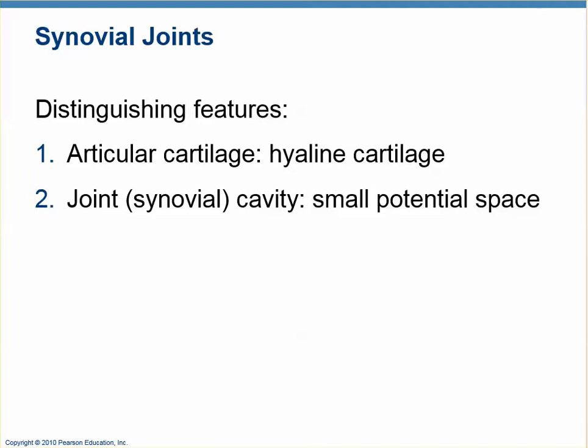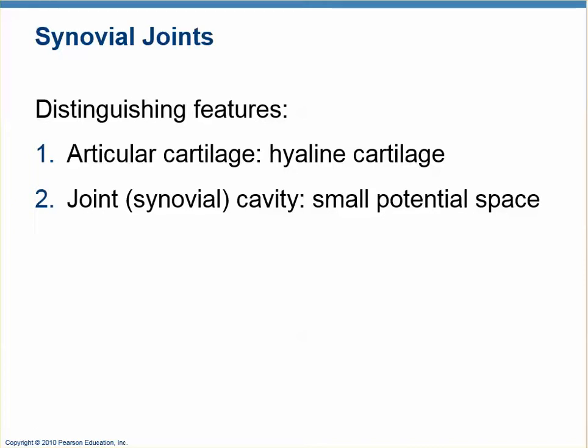They have a hyaline cartilage, articular cartilage. They have a smooth surface that allows movement. And there's a joint cavity. Now, the joint cavity is really more a potential space.